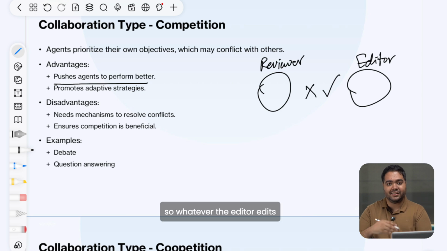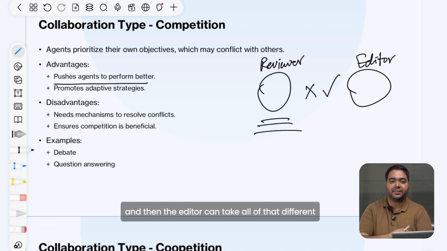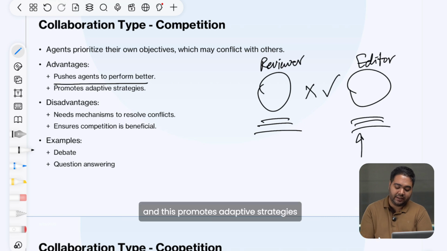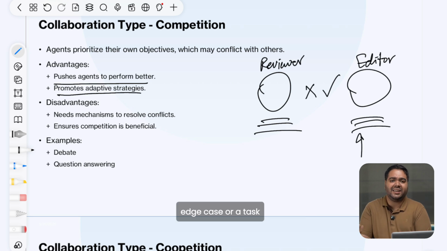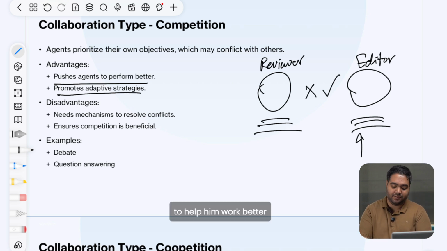Whatever the editor edits, the reviewer is supposed to scrutinize and critique, trying to make it better. Then the editor can take all of that feedback and convert it into better edits. It can make better technical edits, for example. And this promotes adaptive strategies. So if you see one of your agents is failing on one particular edge case or task, you can have a different agent counteract that to help it work better.